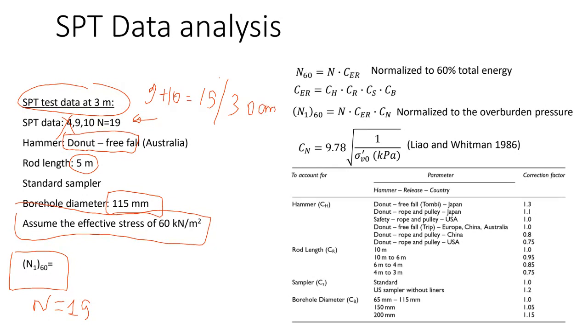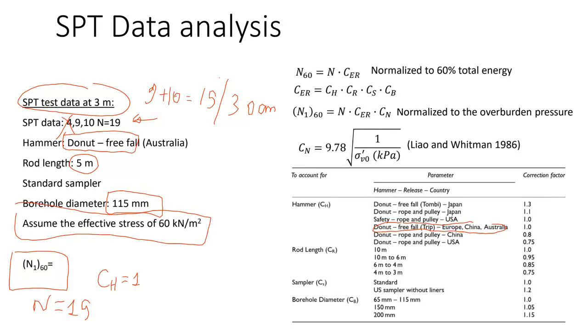Okay, 19, and then we're just going to look at what we have. We have donut free fall. Where is it? Australia here, donut free fall. So in this case, CH is equal to 1, so we don't need to change the number because it's 1.